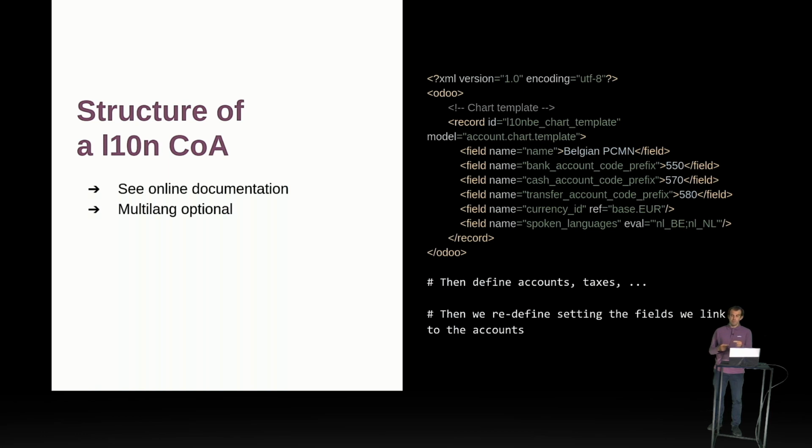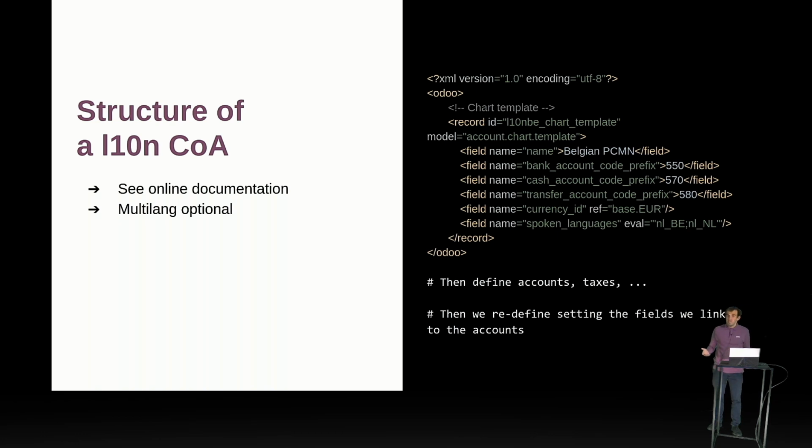So we have the prefixes, and actually when you install the chart of accounts, it will automatically create a bank account that starts with 550. Of course, we need to set a currency, and the spoken languages is only when you go multi-language.